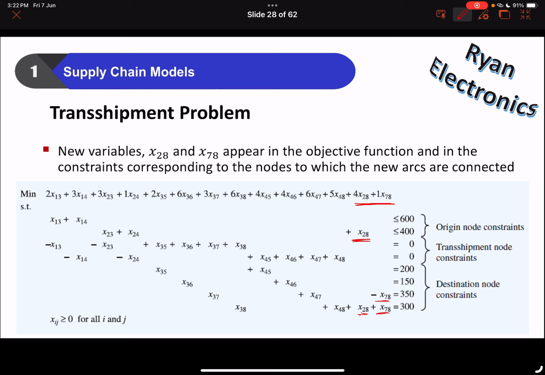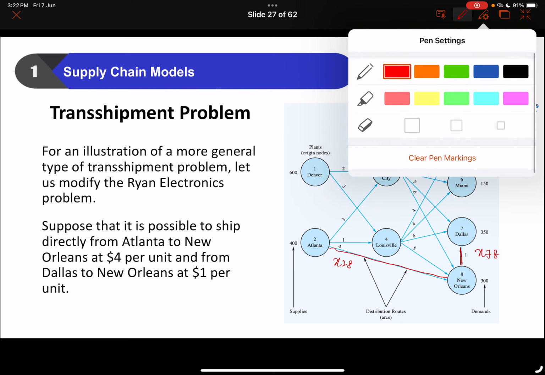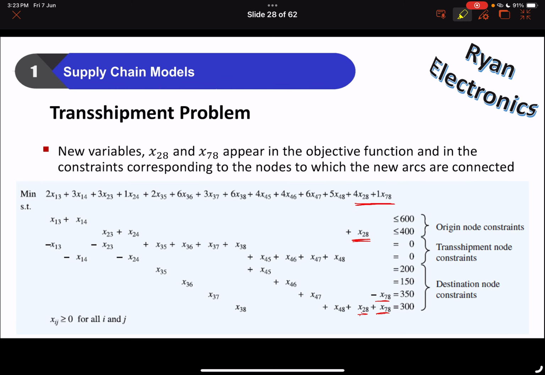In our constraints, it involves node 2, which is Atlanta, and node 7, Dallas. So the nodes that will be affected when you rewrite your linear programming model will be this one and this one. So we can see here 2, 7, and 8.